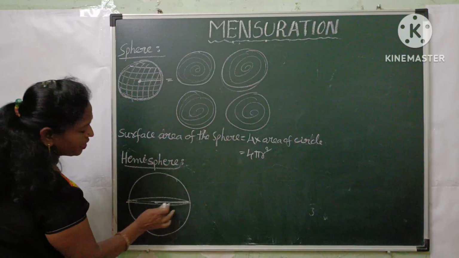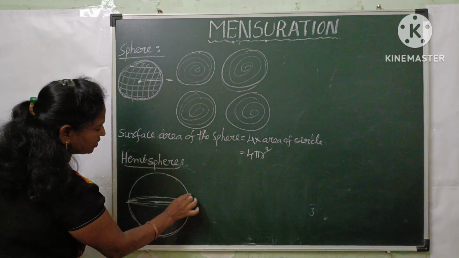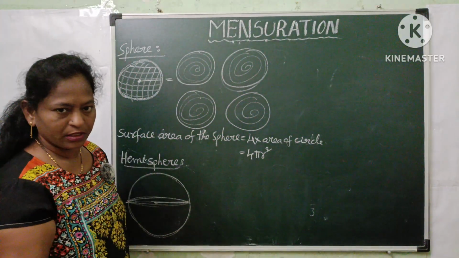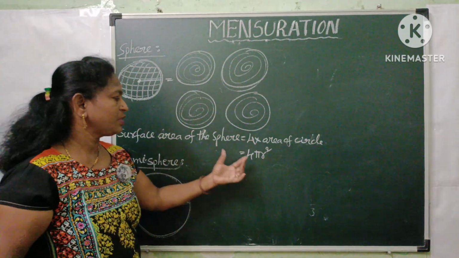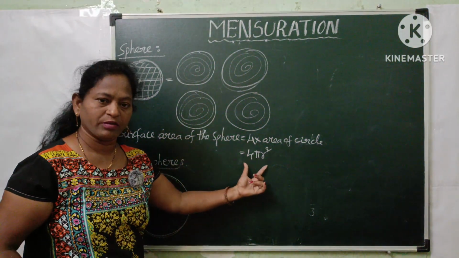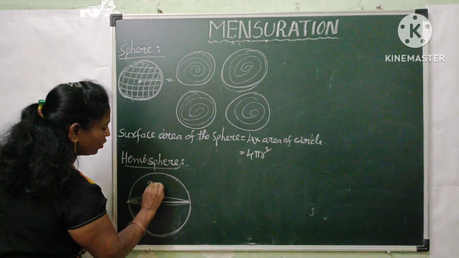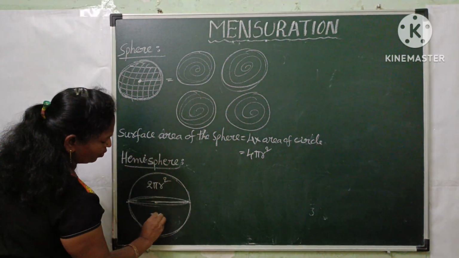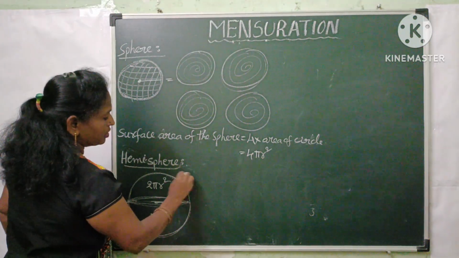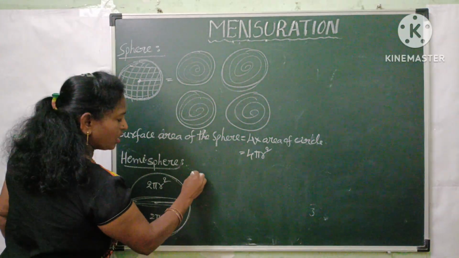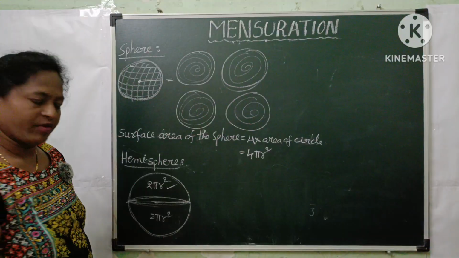If you cut the sphere into two equal parts, you get two hemispheres. One sphere equals two hemispheres. The surface area of one sphere is 4 pi r square. Here for a hemisphere, divided into two parts, it means 2 pi r square. So the curved surface area of the hemisphere is equal to 2 pi r square.